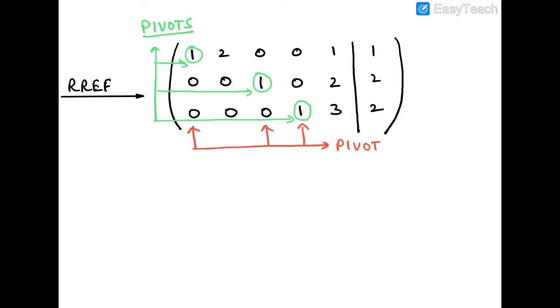So columns 1, 3 and 4 are the pivot columns, and columns 2, 5 and 6 are non-pivot columns.